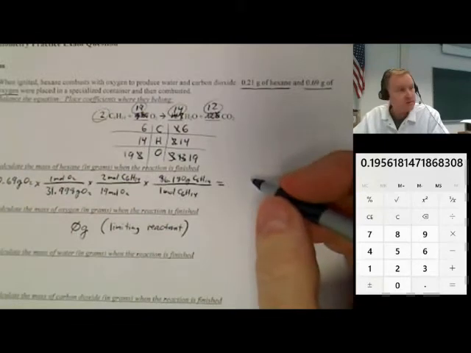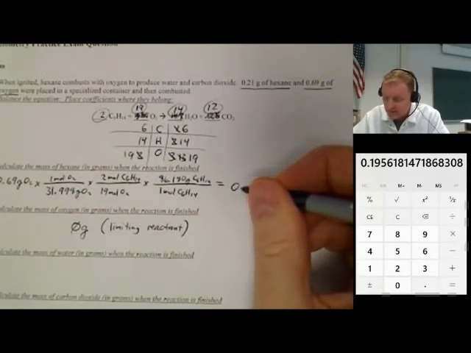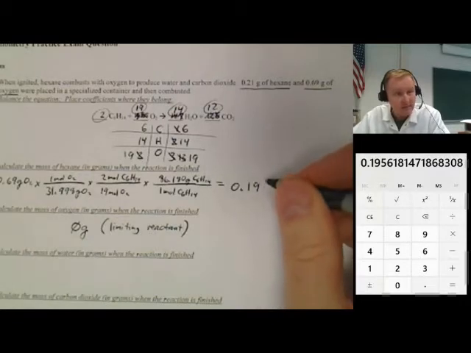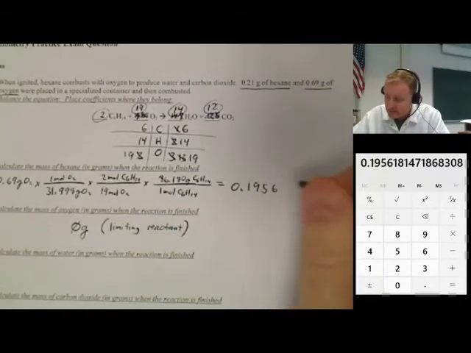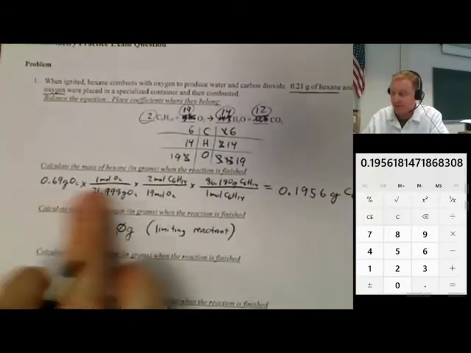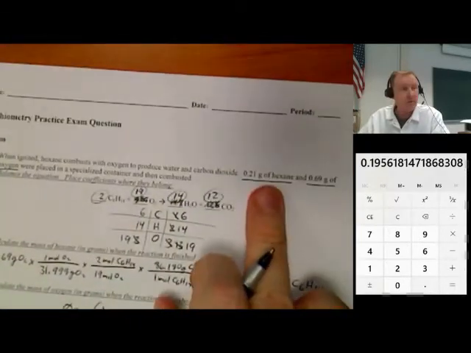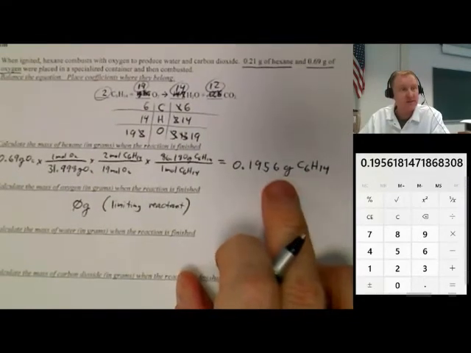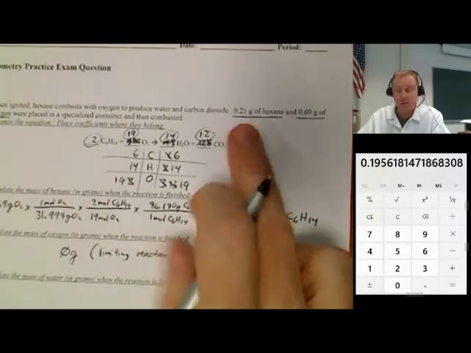So to burn all this up, it would need 0.1956 grams of hexane. It would need this much hexane to burn up all of our oxygen. And we have more hexane than that, so it needs this much, and we have more than we need.